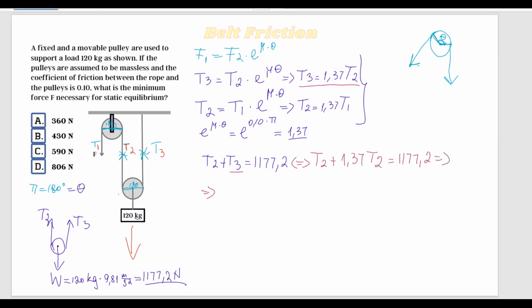Moving forward, this is going to be 2.37 T2 is equal to 1177.2. From here, we can calculate T2 is equal to 1177.2 divided by 2.37.